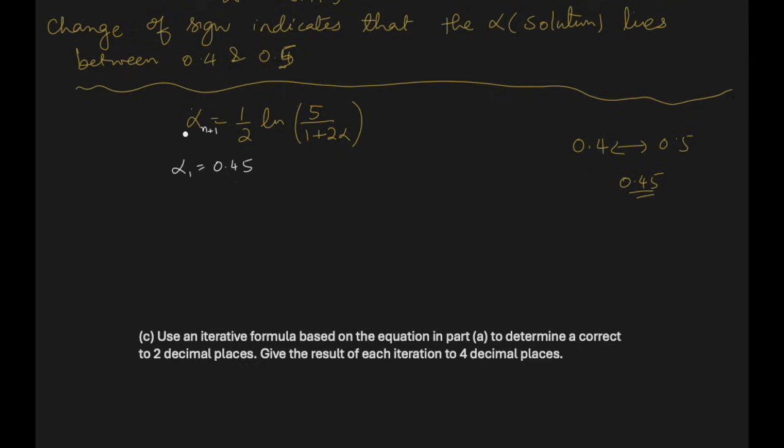This is what we do. To the one which is isolated, we write n plus 1, and the one which is with the others, just n. So this alpha 1 is actually this one. Okay, so we'll get alpha 2 because of this, which will be half natural log 5 divided by 1 plus 2 times 0.45.